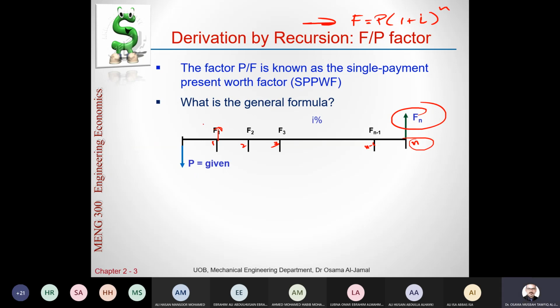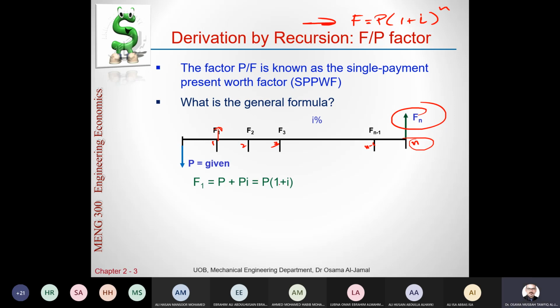Now, let's calculate for the first. It will always be over that principal. So the principal plus principal multiplied by I gives that future worth at year 1. So F1 will equal the principal plus principal multiplied by interest.